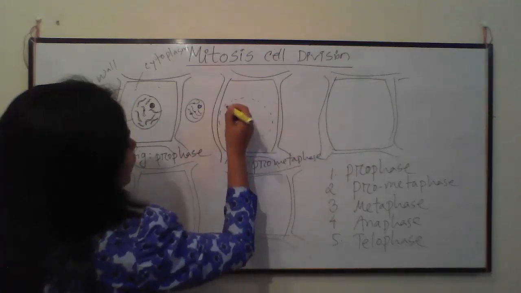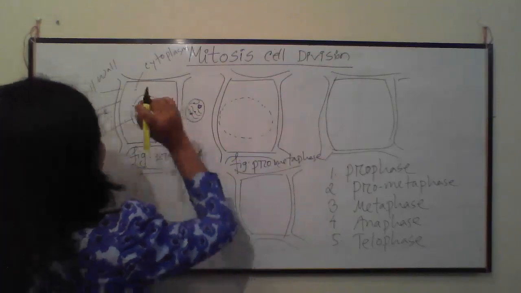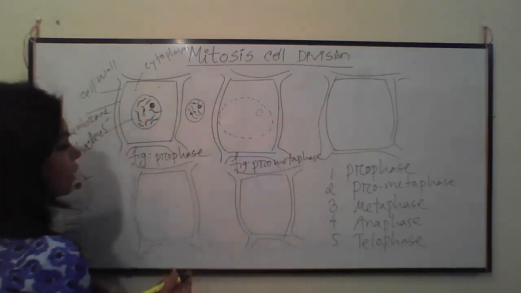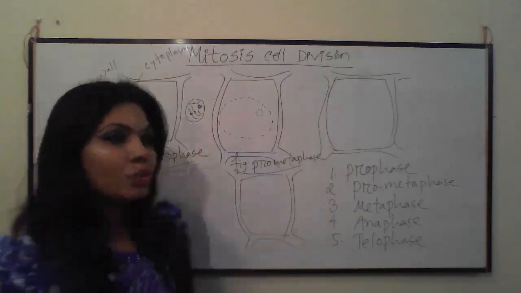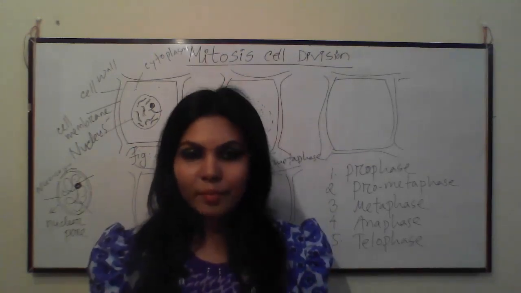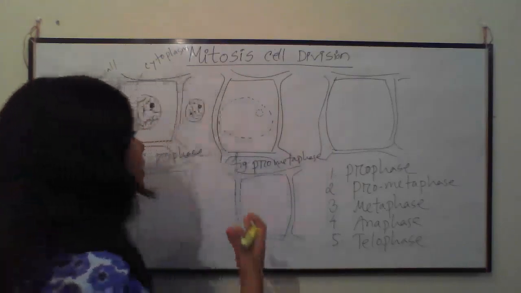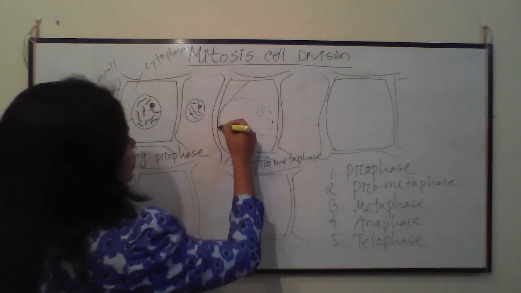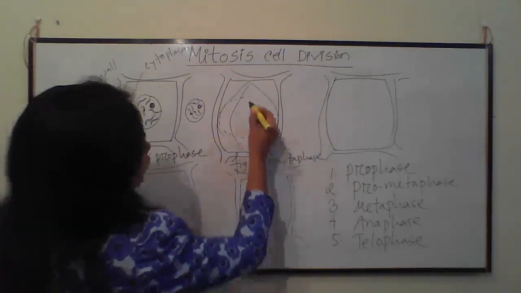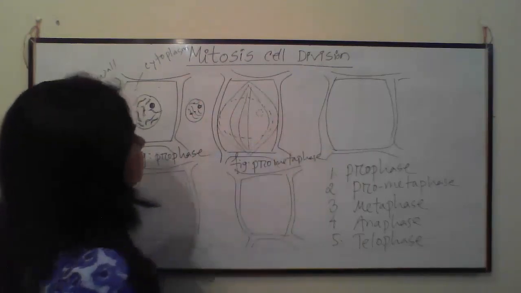I'm not doing it clearly because it's just going to disappear, and the nucleolus also disappears here. And due to accumulation of protein fiber of the cell, the spindle apparatus is created, like this way.